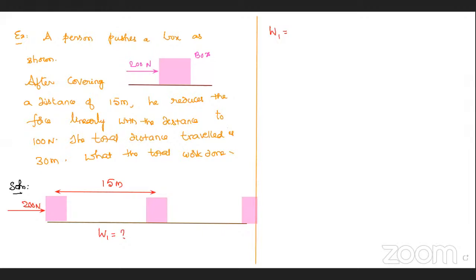Both the force and displacement are in the same direction, so W1 equals F into S, that is 200 into 15, that equals 3000. First part is over. This is very simple.